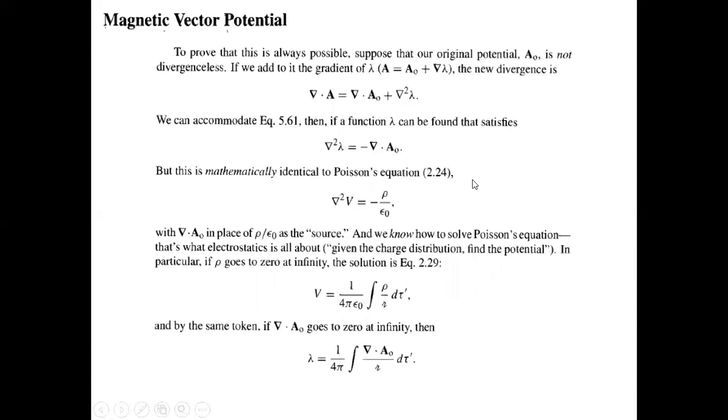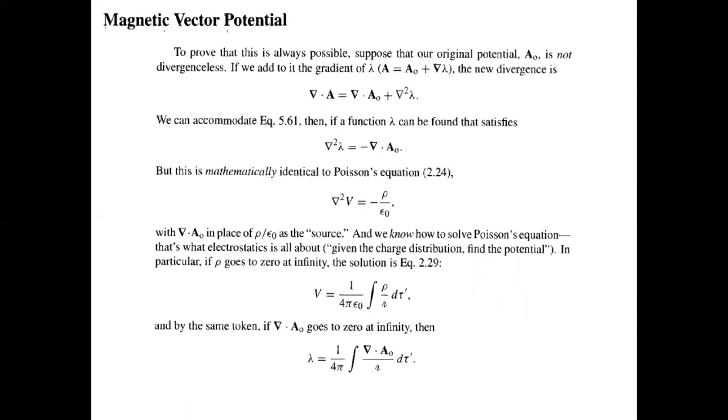We add to it a gradient of lambda, because as I mentioned, this part's curl needs to be 0. Then the divergence of A becomes something like this, and it automatically becomes this part because we already know that this one is 0.